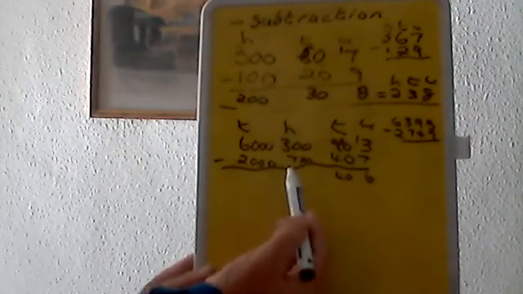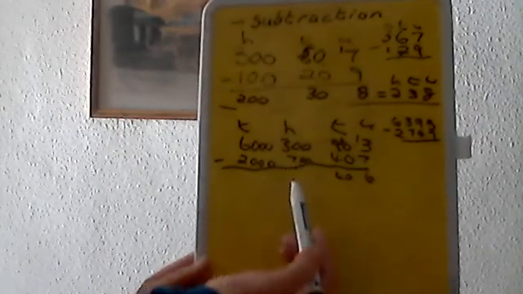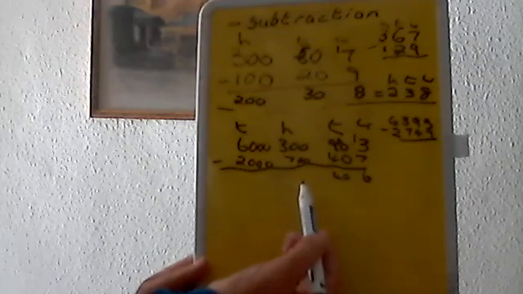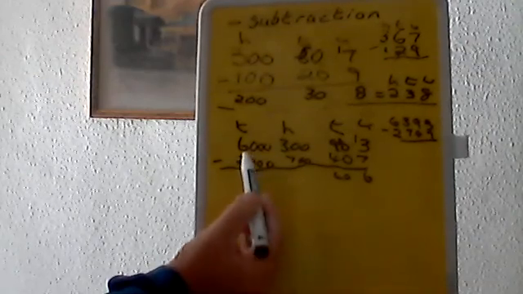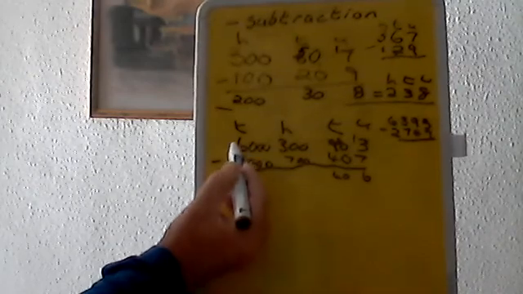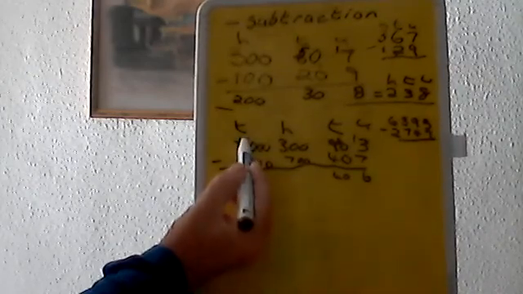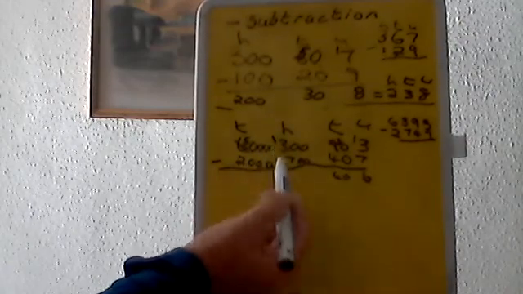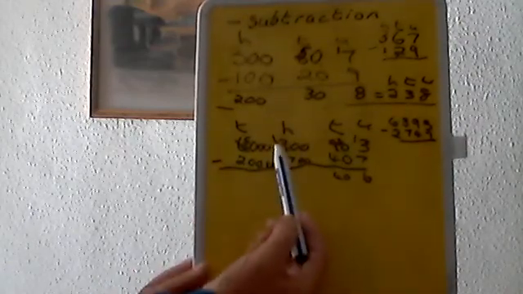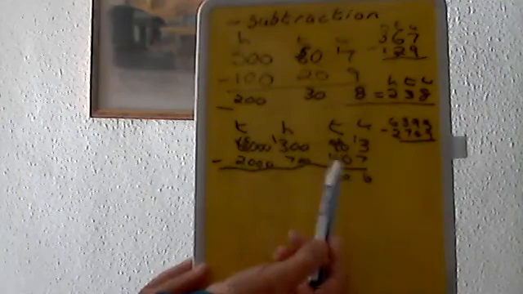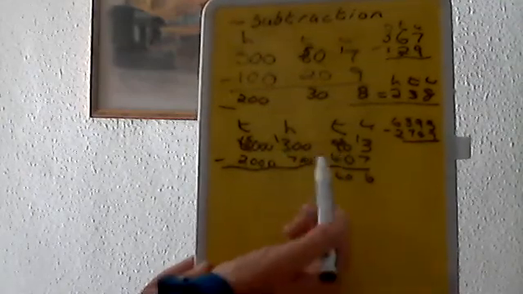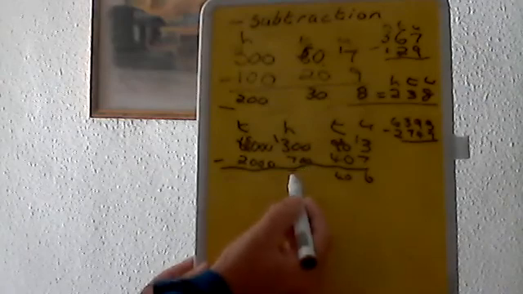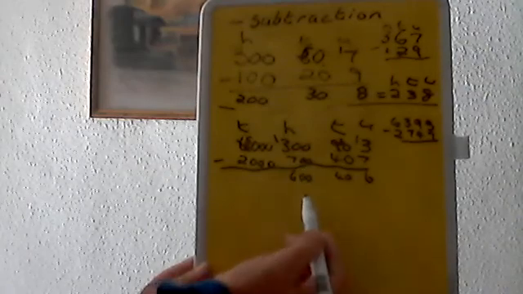300 minus 700. No, I can't do that either. So I'm going to go over here. I've got 6,000 there. I'm going to make it into 5,000. So I've taken one of those away and I'll put it over here. So now I've got 1,300. 1,300 minus 700 is 600.